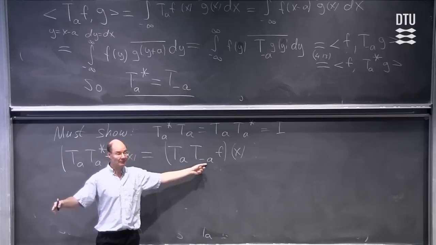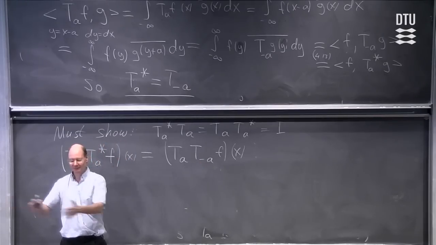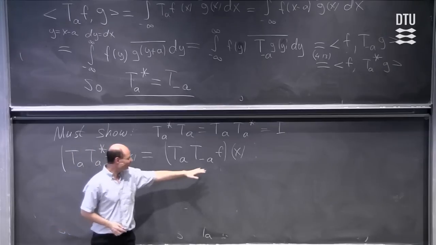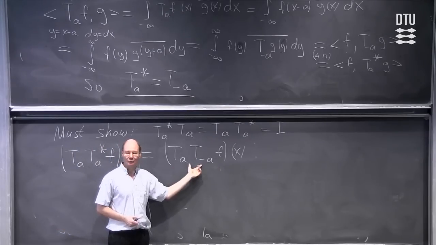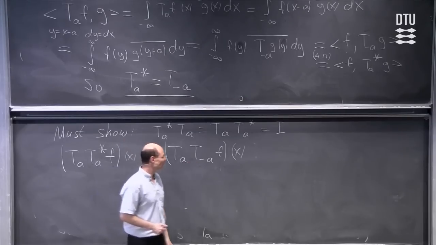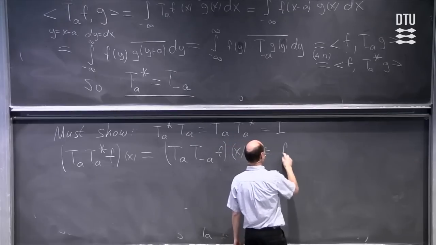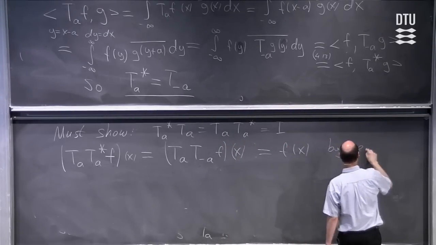But then this is again a translation by 5, but with a minus. That means it just moves it back again. That means just by looking at it, here you have the a, here you have the minus a, you can see that they have to be the identity. So you don't need to do any calculations. So this is f of x. So this is by geometric argument.